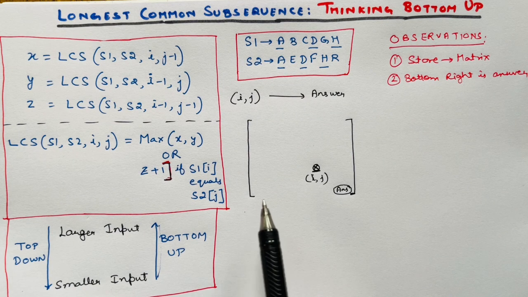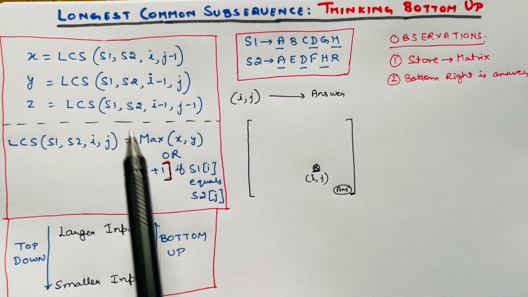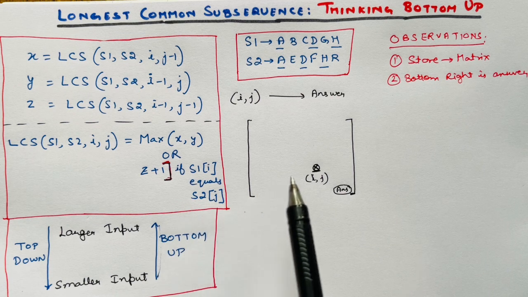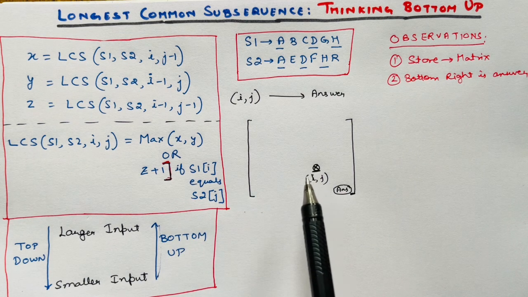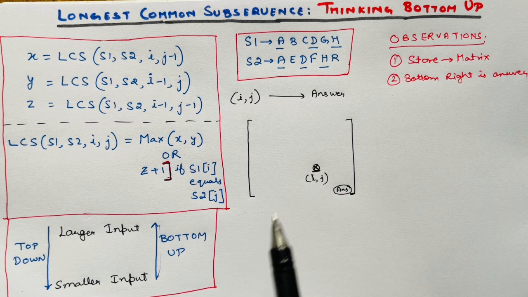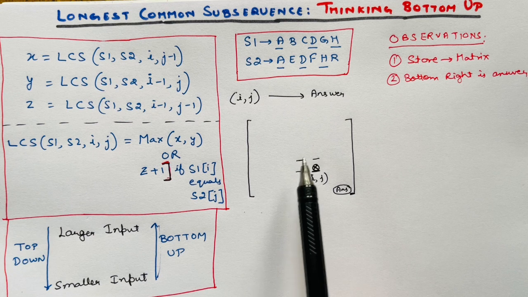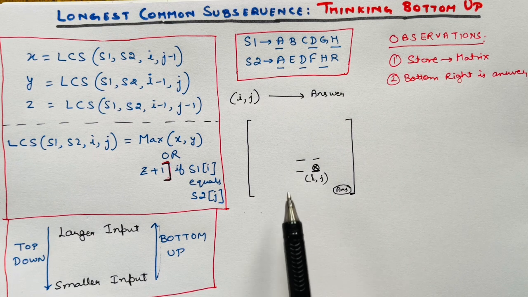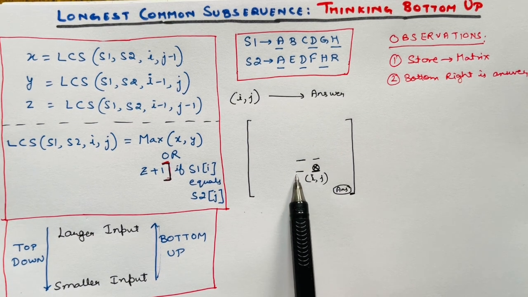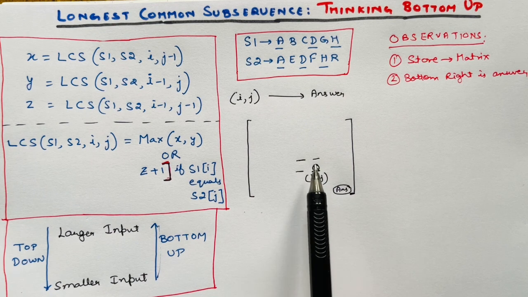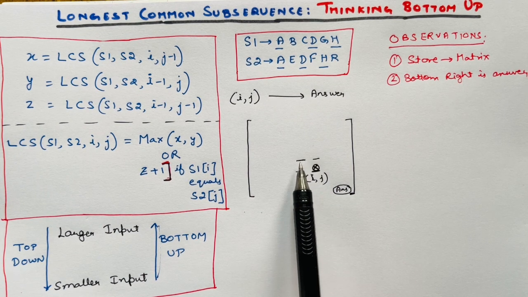Now to fill this matrix, we will have to make use of this relation. So let's say we are trying to fill the value at any particular element i, j. Then how will we fill this value? The value at i, j will be dependent on these three positions. Why? Because this will denote i, j minus 1, this will denote i minus 1, j, and this will denote i minus 1, j minus 1.